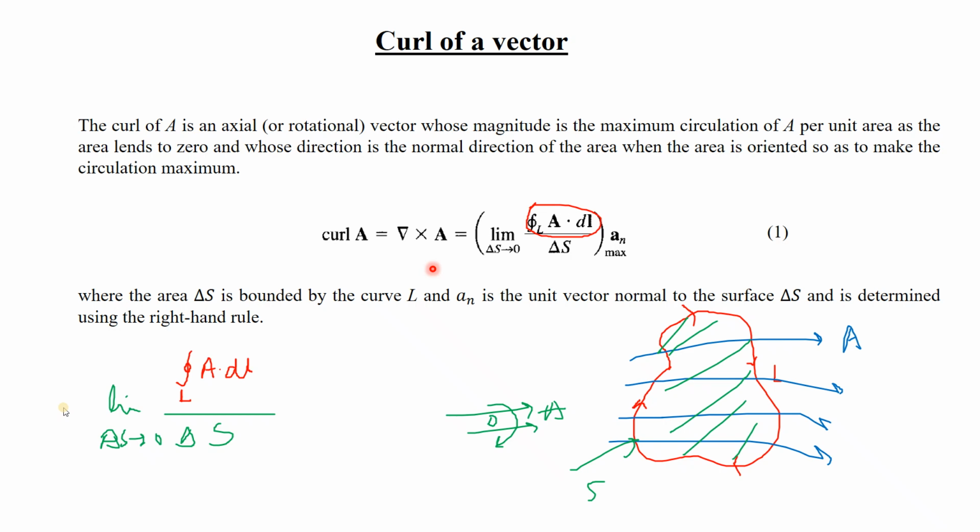The vector is actually traveling from one point to another point, and there is a closed path which is circulating. So when it is circulating along a vector, it is called a curl of a vector, as if the surface area of the particular closed path is 0. So it is a rotational vector.